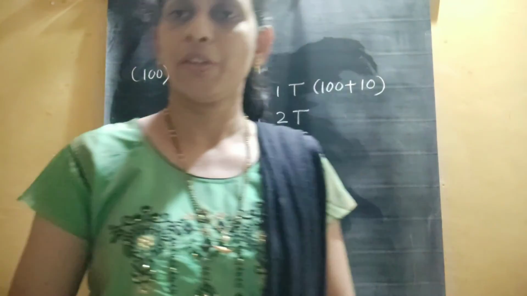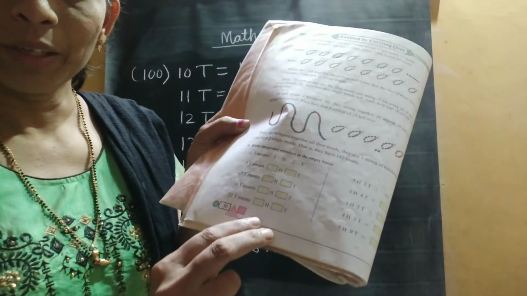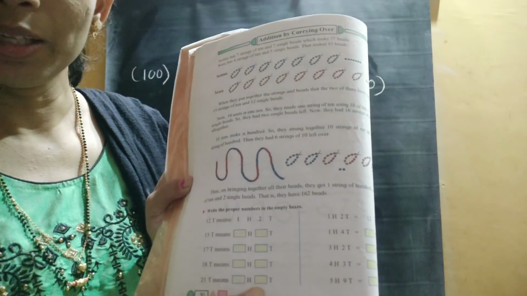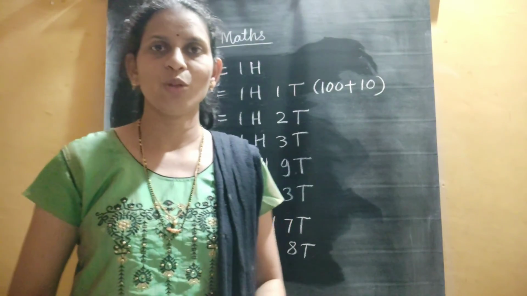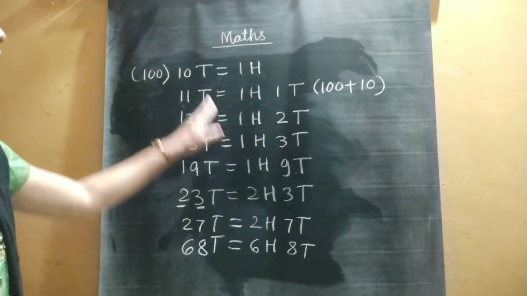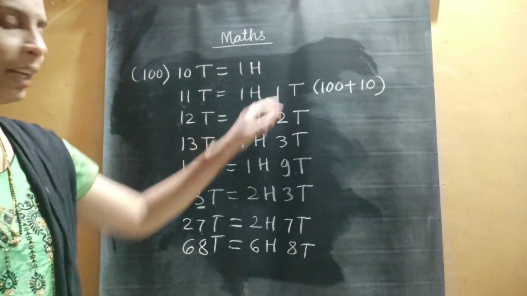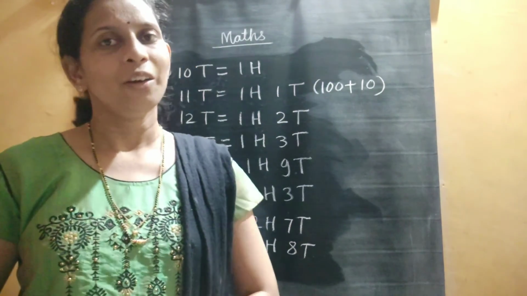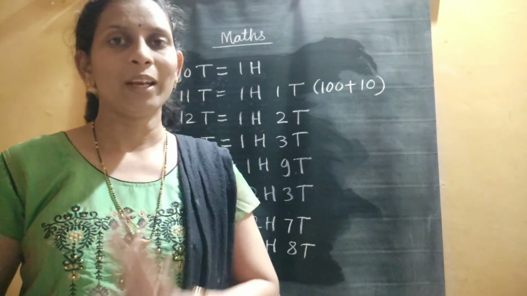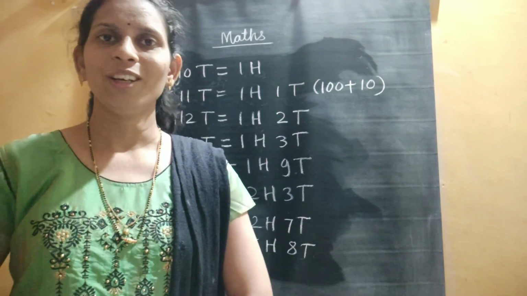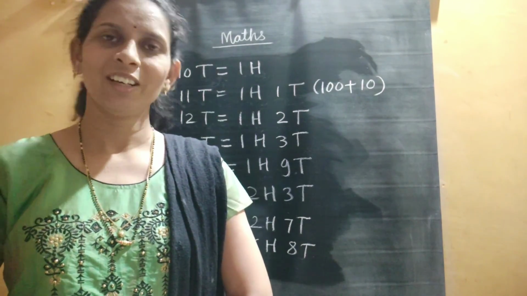On your page number 50, some examples are given and you have to complete these boxes. Whatever we have learned today in the form of hundreds and tens is given on page number 50. So students, today's homework is to solve page number 50 in your notebook. Okay students, thank you.